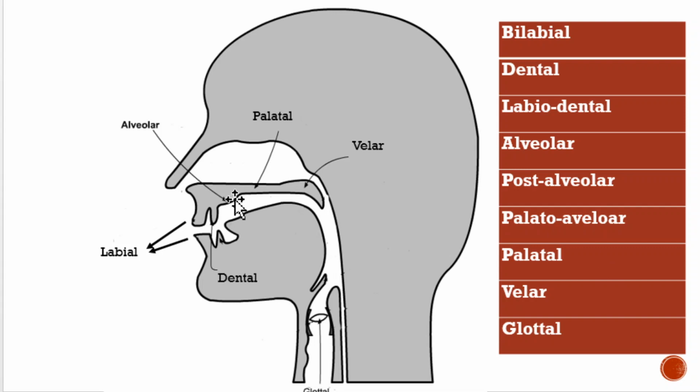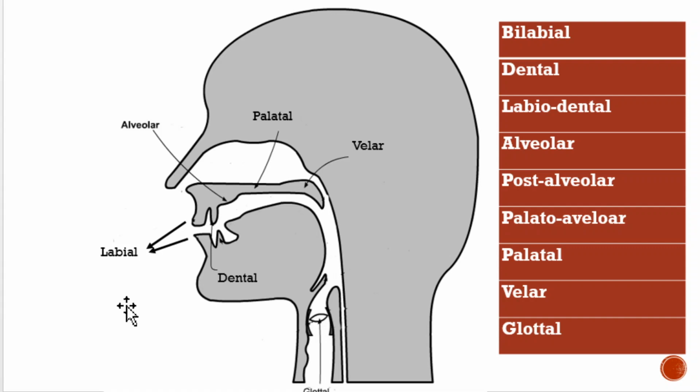Palato-alveolar, tip of the tongue and the front moving, arching up towards the hard palate and the tooth ridge. Palatal means the front of the tongue moving towards the hard palate. Velar, back of the tongue moving towards the velum or the soft palate. Glottal sound is within the vocal cord area.